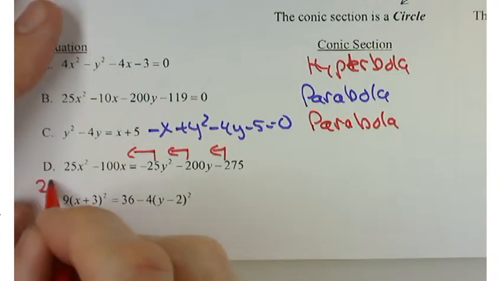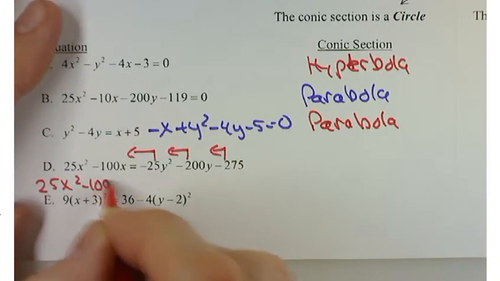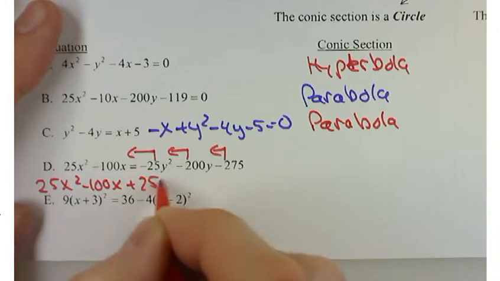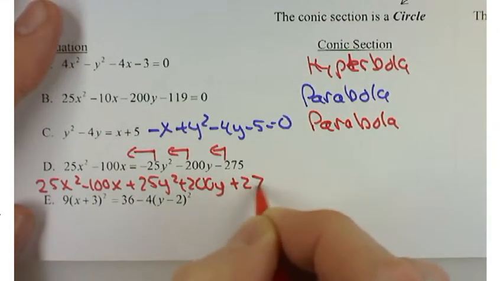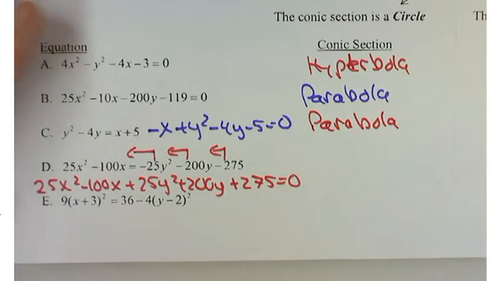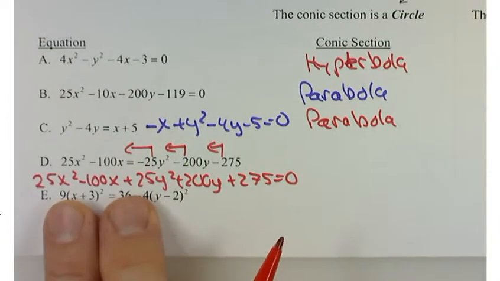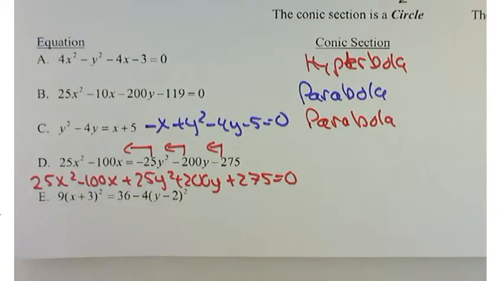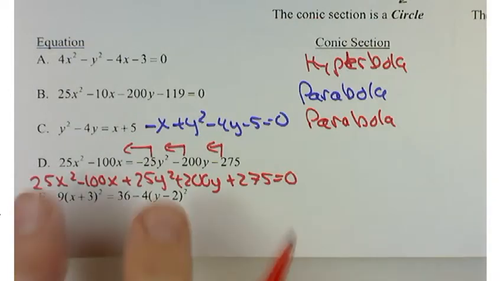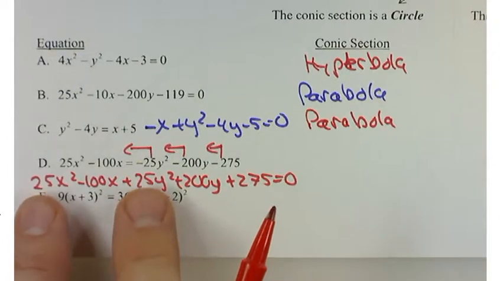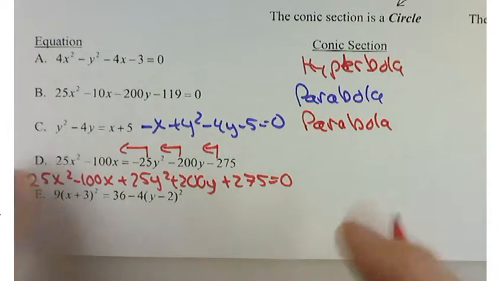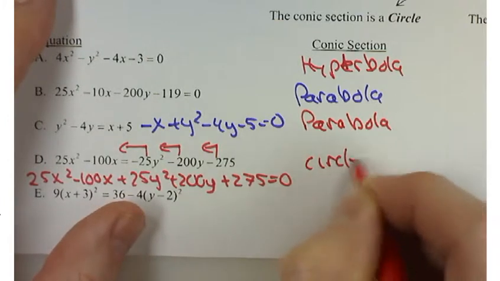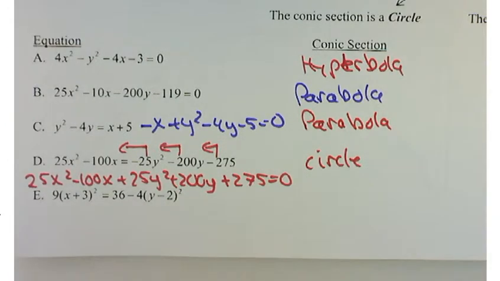So it would be 25x squared minus 100x plus 25y squared plus 200y plus 275 equals 0. And at that point, I'm hoping this one's clear. Yeah. You've got two squared terms. Both of them are positive, and both of the coefficients of the squared terms are equal, so that one's a circle. Nice.